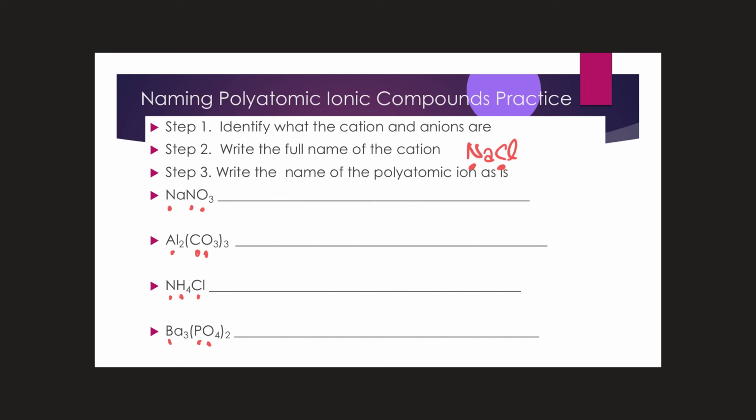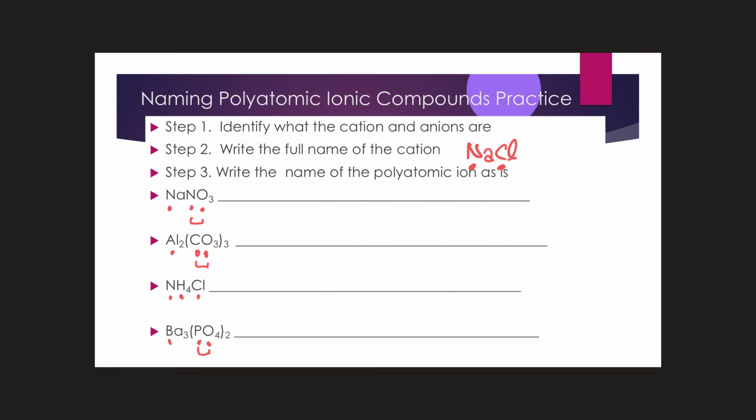Now the second thing is, how do I know which one is my polyatomic ion? Well, that's a good question too. Generally, the polyatomic ion has the 2 capital letters near or next to each other. So these 2 are next to each other, these 2 are next to each other, and these all 3 are next to each other.